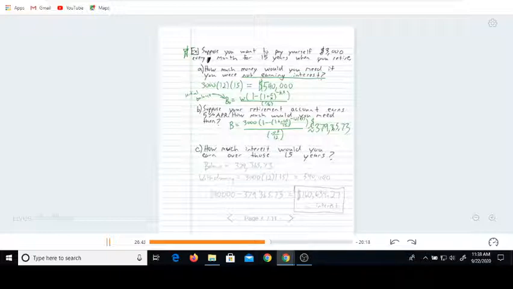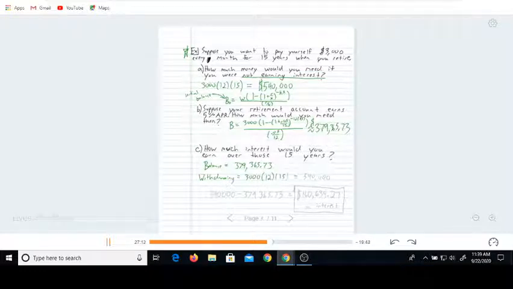So how much interest would you earn over those 15 years? Well, if you want to think about it, your balance starting off would be $379,365 and 73 cents. But we're going to be withdrawing $3,000 every month for 15 years, which we already computed.